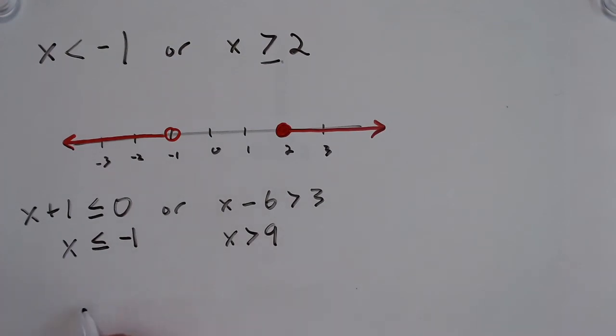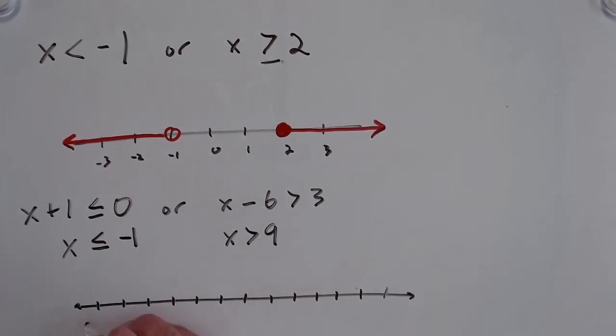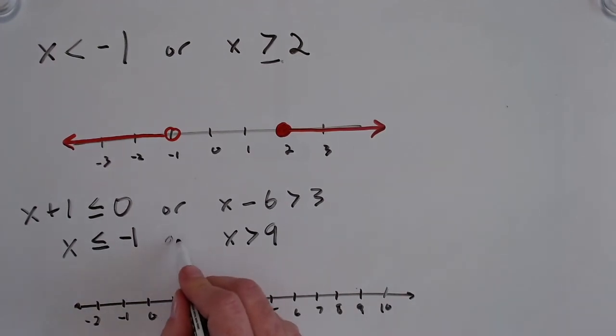So we're going to draw another number line here. I'm going to make it big. Some arrows. And we'll start with negative 2, negative 1, 0, 1, 2, 3, 4, 5, 6, 7, 8, 9, and 10. Let's just remind ourselves that this is actually an or.